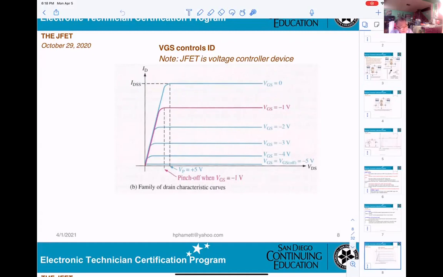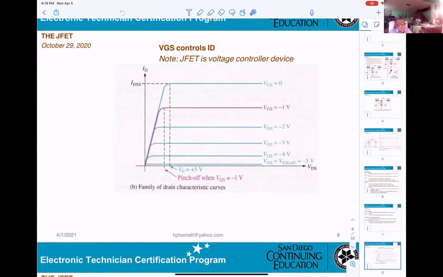So the JFET is called a voltage controlled device. That means you change VGS, you change ID, you change VDS. Okay, make sure you understand. JFET is a voltage controller. The NPN-PNP bipolar transistor will be a current controller.